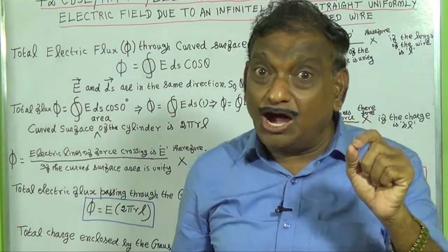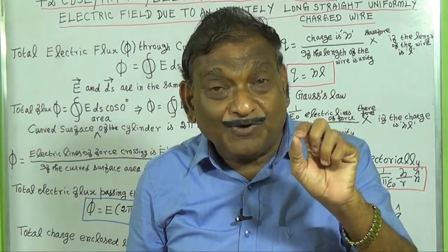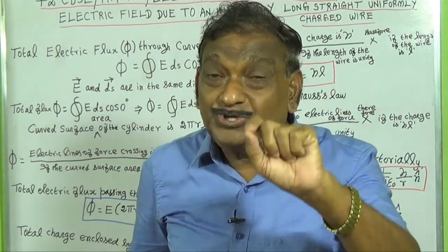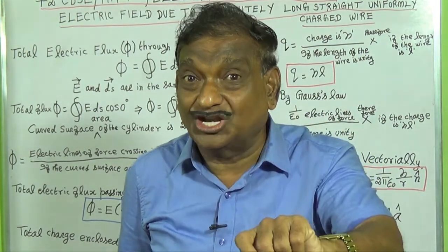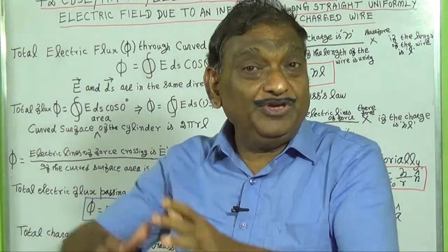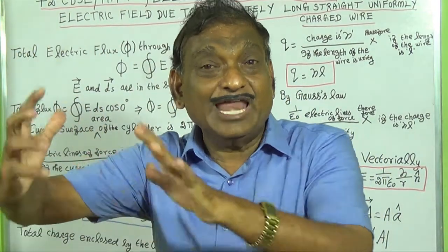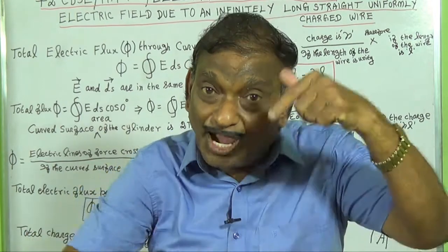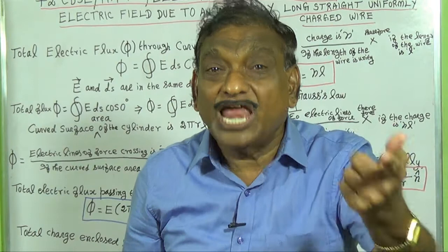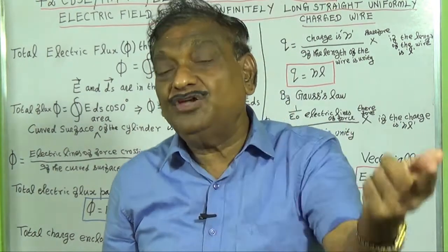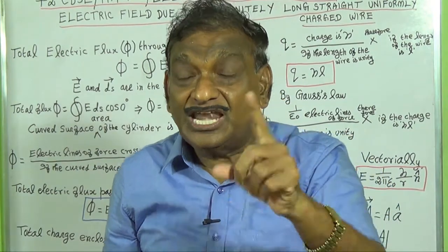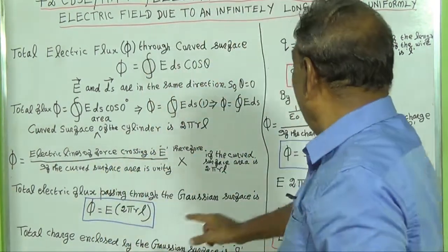Then by Gauss law, the electric flux will be equal to 1 by epsilon naught times the net charge enclosed in that closed surface. So we have obtained the charge as lambda L. Then we have to find 1 by epsilon naught times this lambda L. How can we find it?